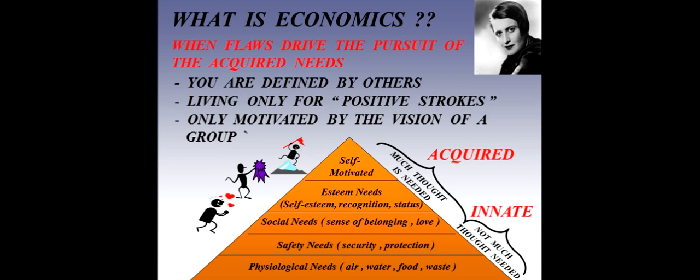The next part of the profile, Rand said, is that individuals that fall into this category are motivated only by the vision of a group. We talked about codependency and not having a sense of self-identity. It's as closely tied to this as well, that they don't feel as though they have goals and objectives on their own, that they're more closely tied to what a group is doing.